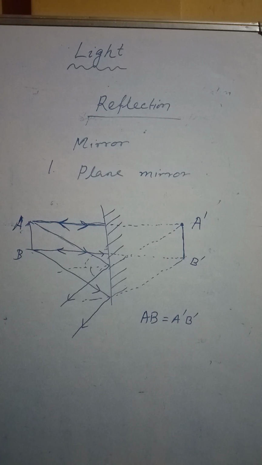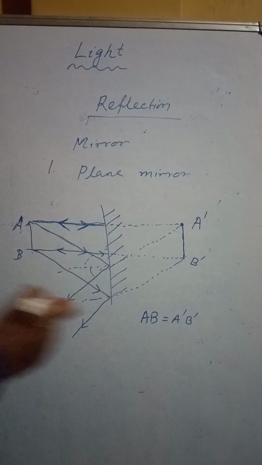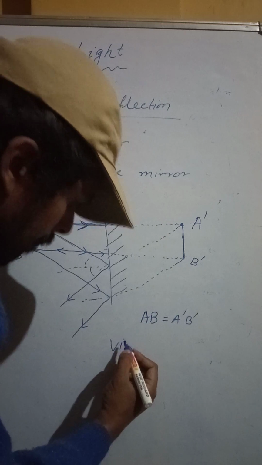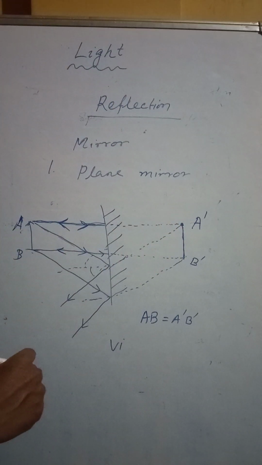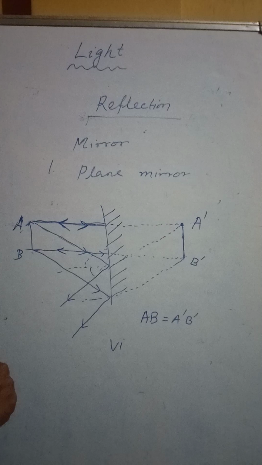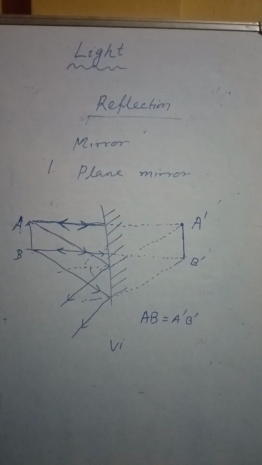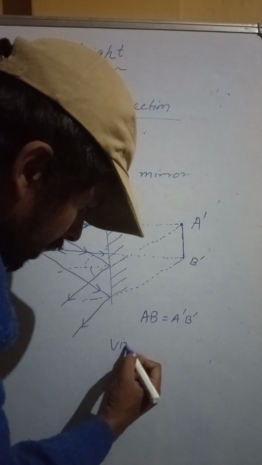Here all the rays are not meeting at any point, so this is not a real image. This is called a virtual image. It appears to meet at A dash B dash.